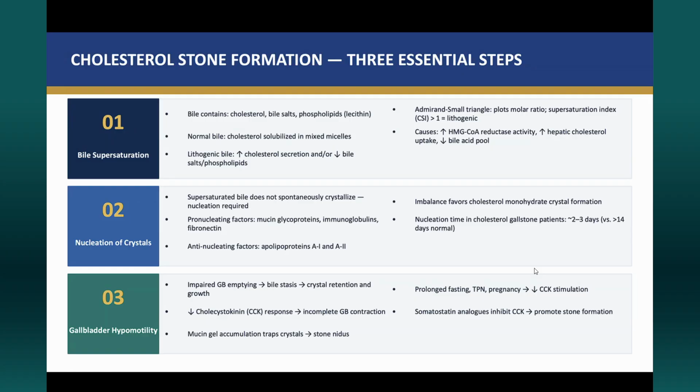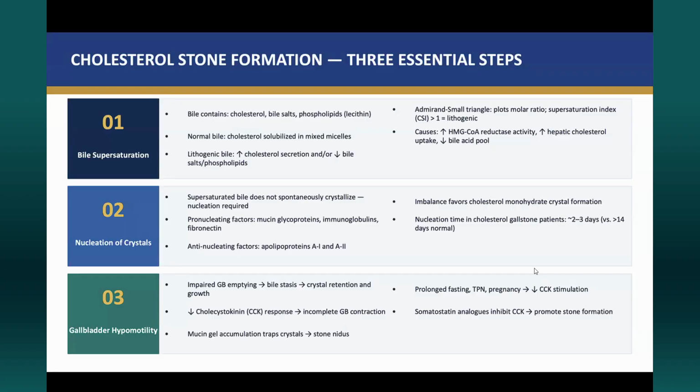Your parenteral nutrition means your food is coming through the IV, or your patient is pregnant, because pregnancy has something to do with the hormones of pregnancy. Decreased motility of the gallbladder, because you have decreased cholecystokinin, makes a patient prone to cholesterol stone formation.